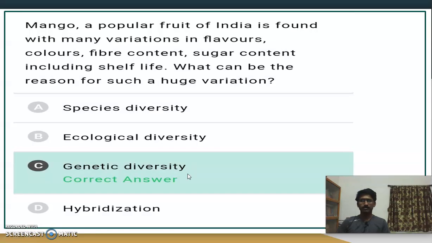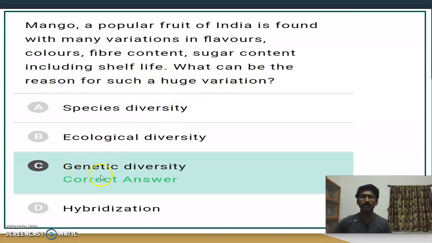Now the next question. Mango, a popular fruit of India, is found with many variations in flavors, colors, fiber content, and sugar content, including shelf life. What can be the reason for such huge variation?